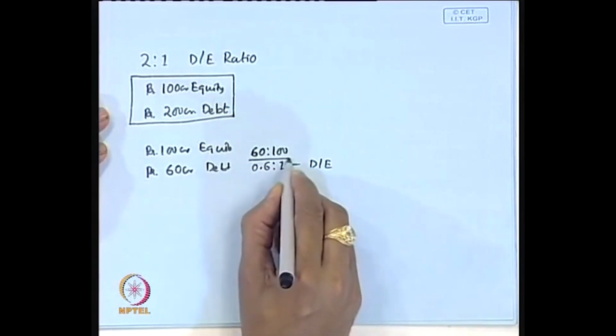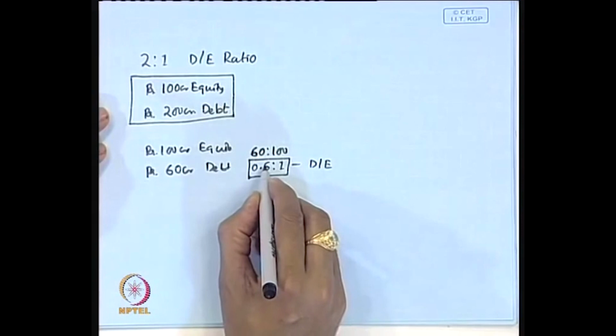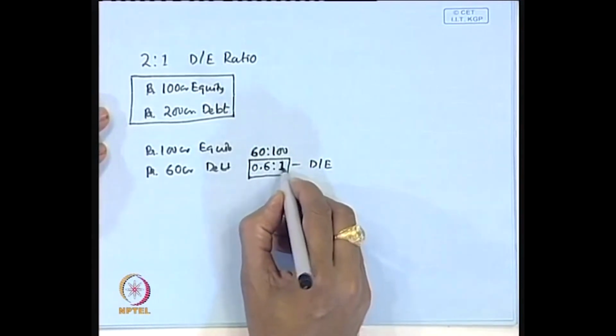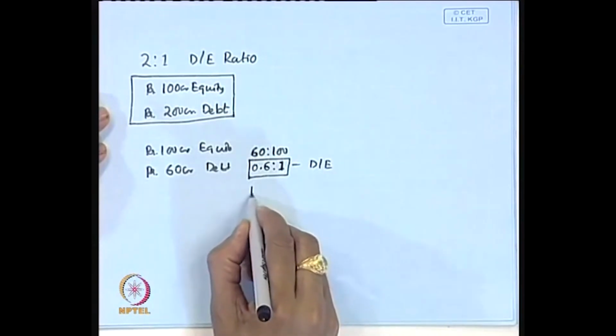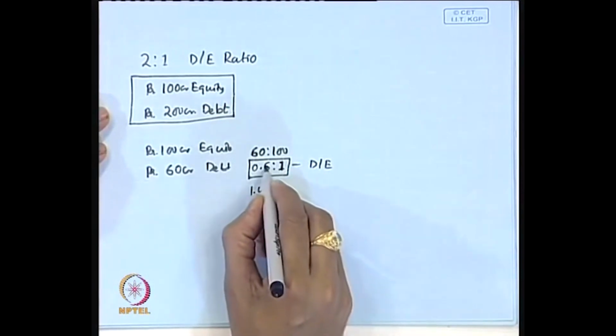Looking at this value, the banker can feel happy to the extent of giving debt up to a maintained debt equity ratio of 2:1. That means the 0.6:1 debt equity ratio can still be taken care of with additional debt.